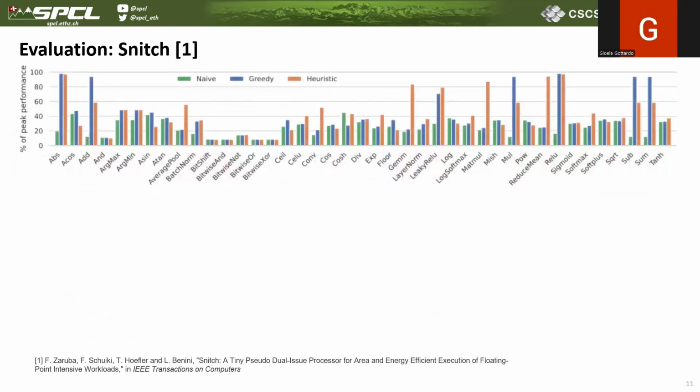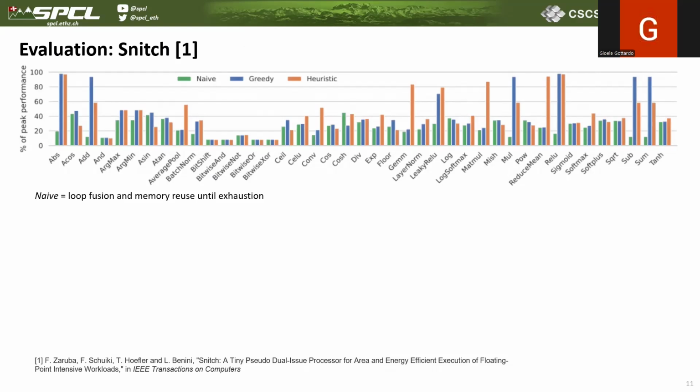Now we have proved that PerfDojo can provide performance for existing well-known architectures, but we also want to prove that our method can be easily extended to novel architectures. And here we show some of the kernels that we have implemented. And again, we can study several optimization strategies to optimize the kernels.